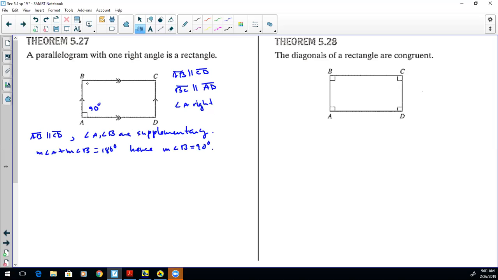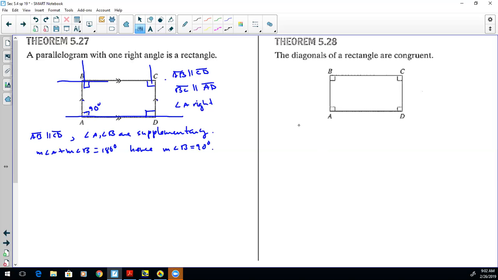The same sort of argument: once you have this as a right angle as well, then I have parallel lines cut by a transversal, so the interior angles on the same side have to be supplementary. If this is 90, that has to be 90. And then just do it one more time. Parallel lines cut by a transversal, interior angles on the same side must be supplementary. This one's 90, so that one has to be 90. So the same reasoning shows that all of the angles have to be right angles.